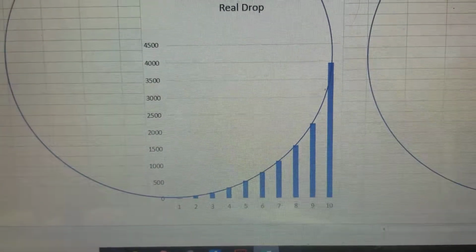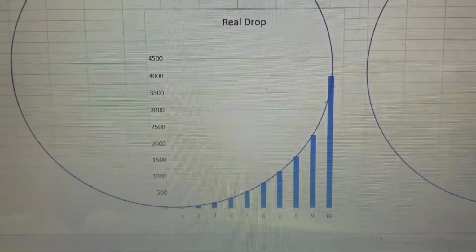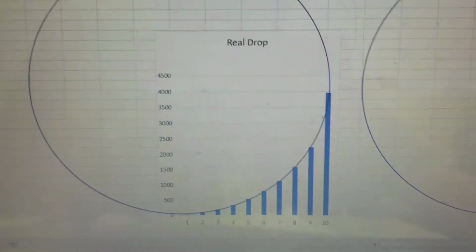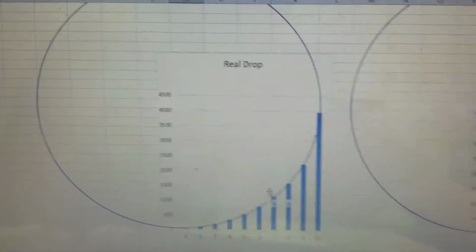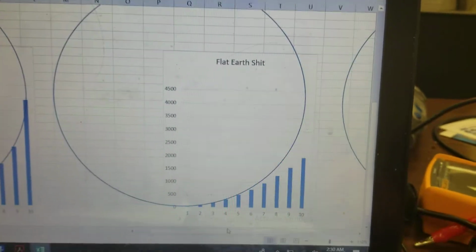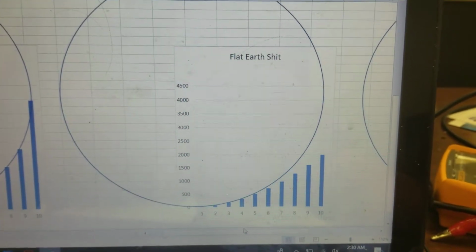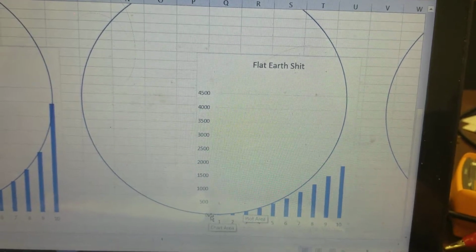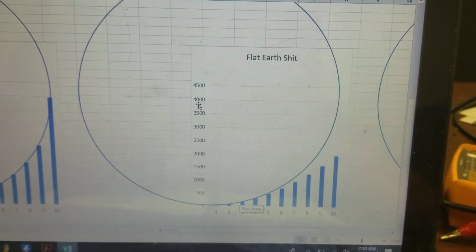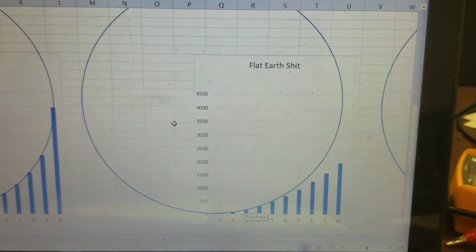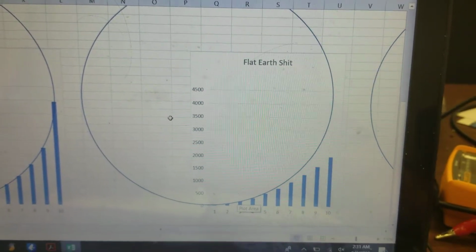I made a bar graph of the values I just came up with, and laid them over a circle, and hey, look, they perfectly line up. As for this next one, the typical flat Earth 8 inches times miles squared formula, I did the same exact thing, same exact range on the y-axis and x-axis. And hey, look at that.